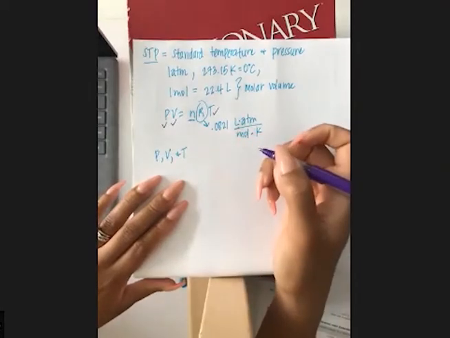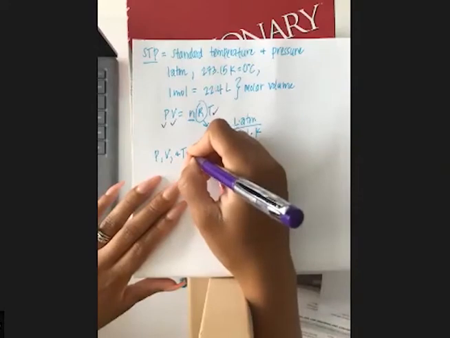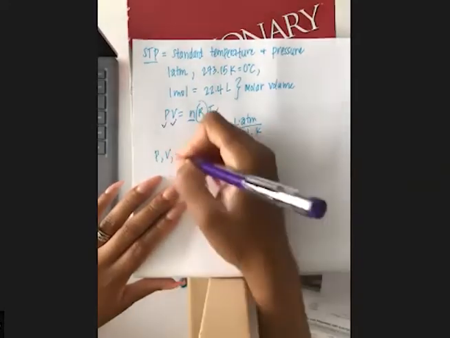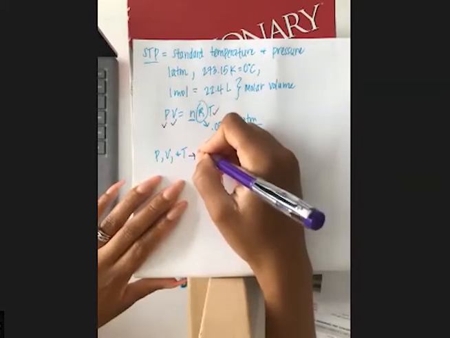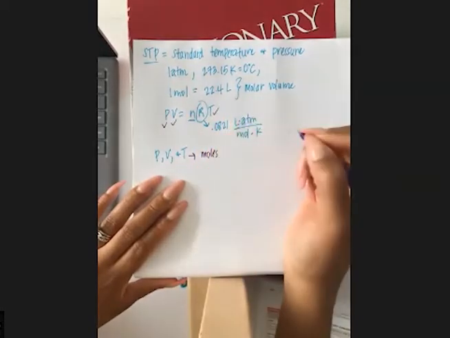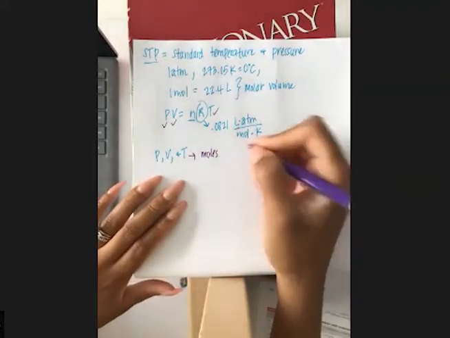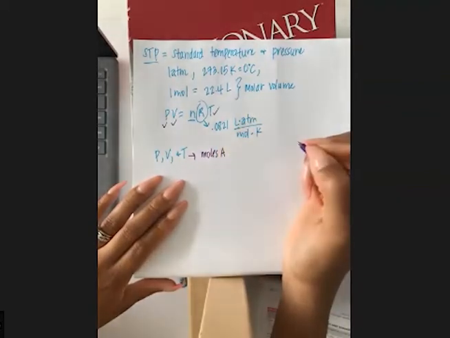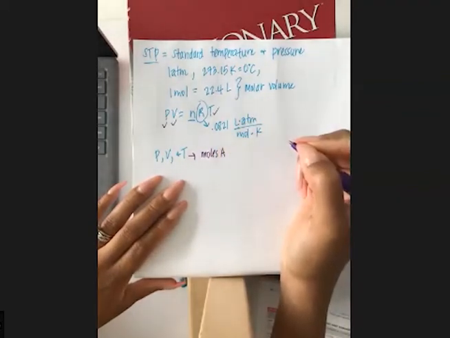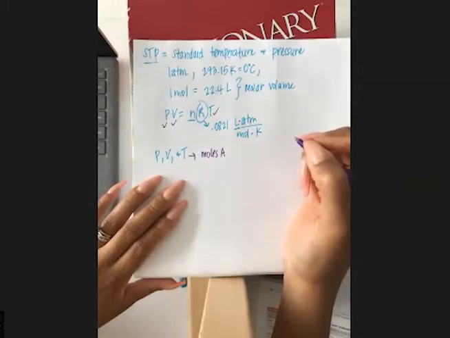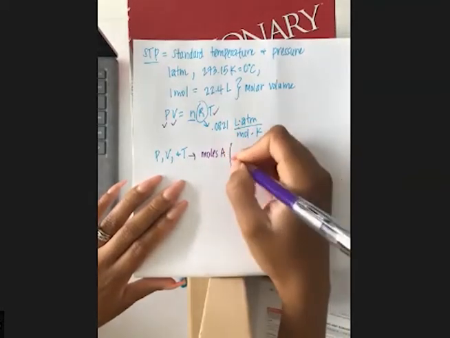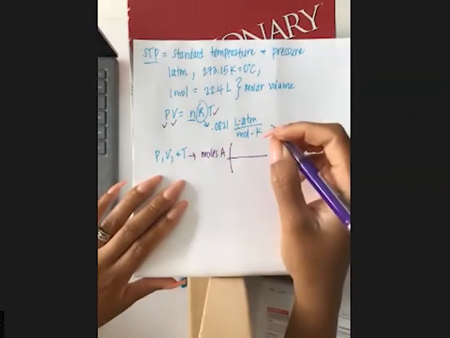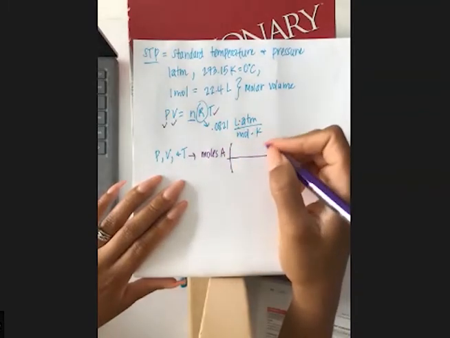Once I get the amount of moles of one substance, how do I write this out? I can say this is moles of A. And once I get to moles of A, as long as I have a balanced chemical equation, I can solve for moles of B just by using the mole to mole ratio.